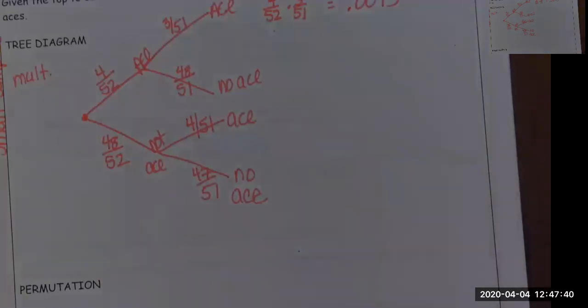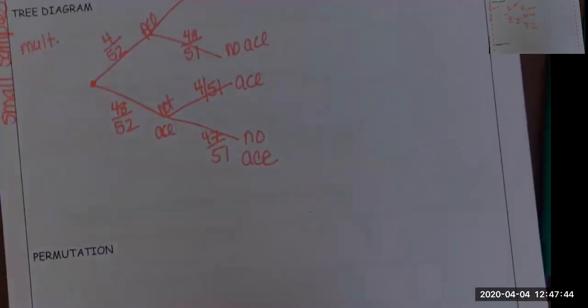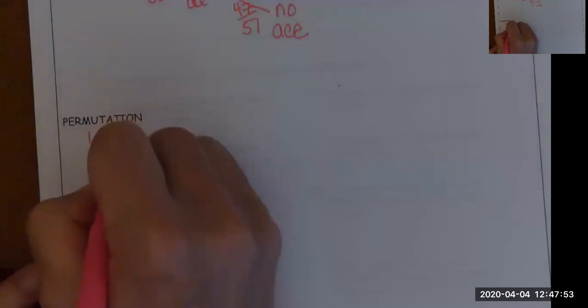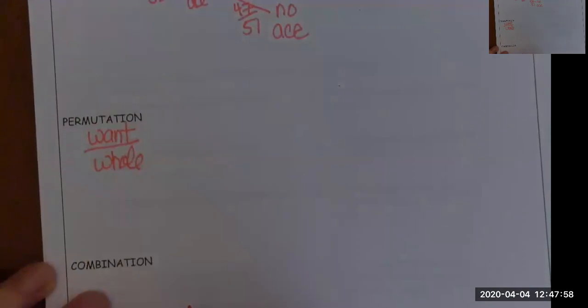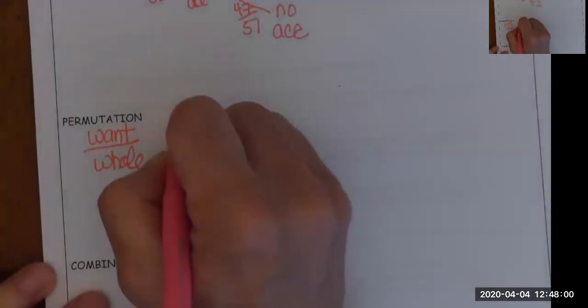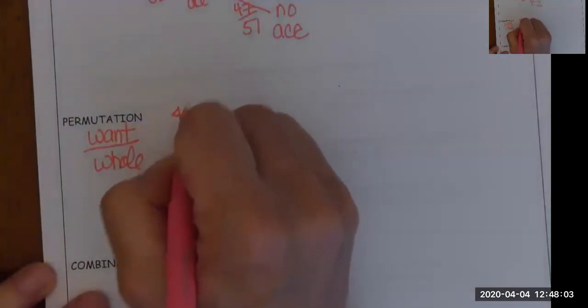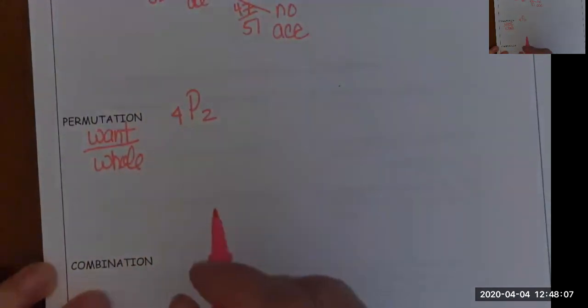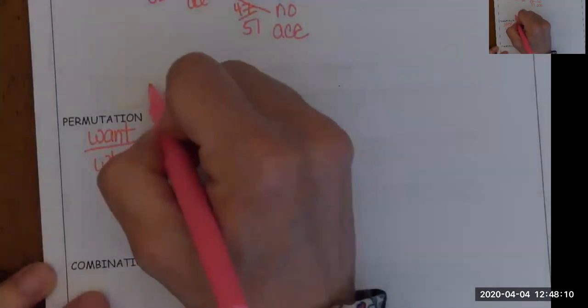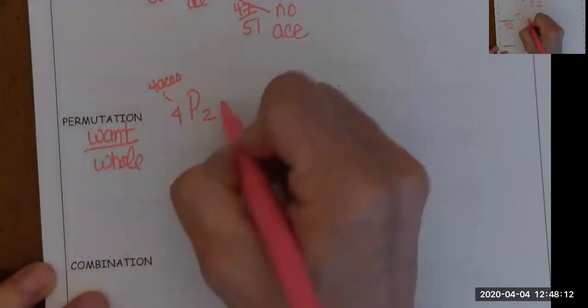Right? So what do I want? Remember, for probability, it's always what you want over the whole, right? So what do I want? I want 4 aces. There's 4 aces, and I want 2 of them. That's what I want. 4 aces.